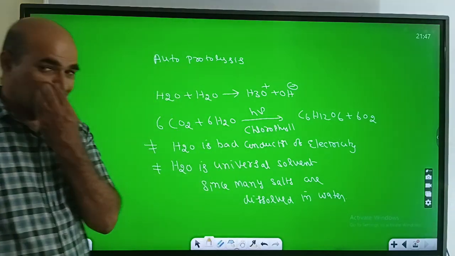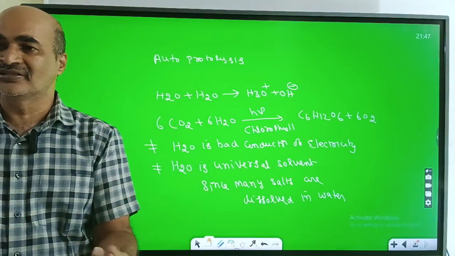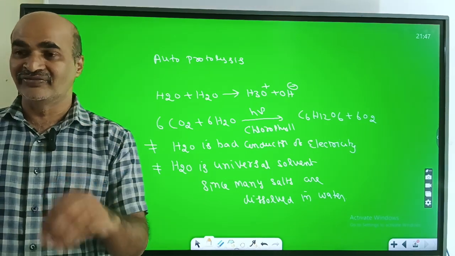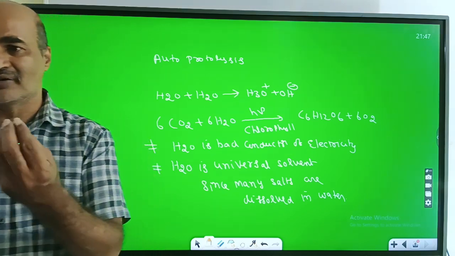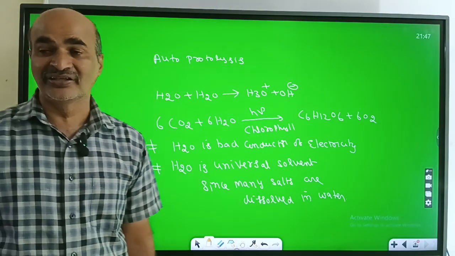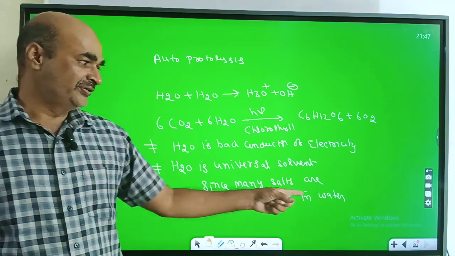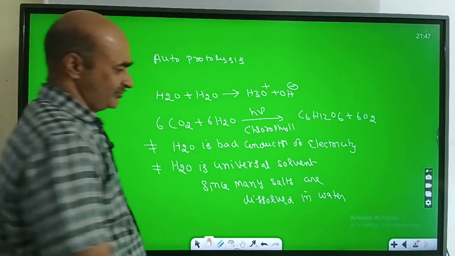For example, sodium chloride dissolved in water, magnesium chloride dissolved in water. So many types of substances are dissolved in water. For example, oxygen gas, and a small amount of nitrogen gas, dissolved in water. That's why water is said to be a universal solvent.